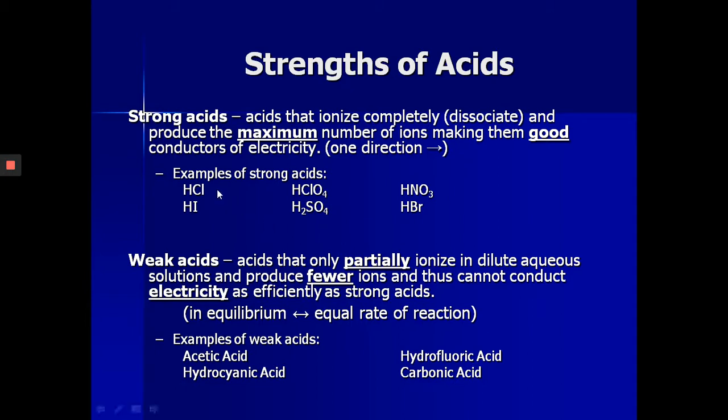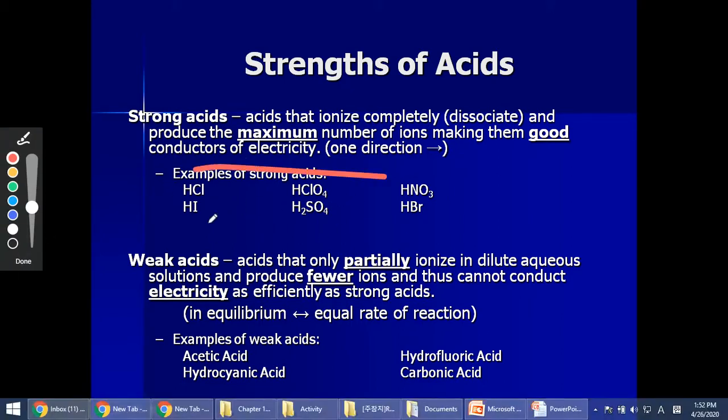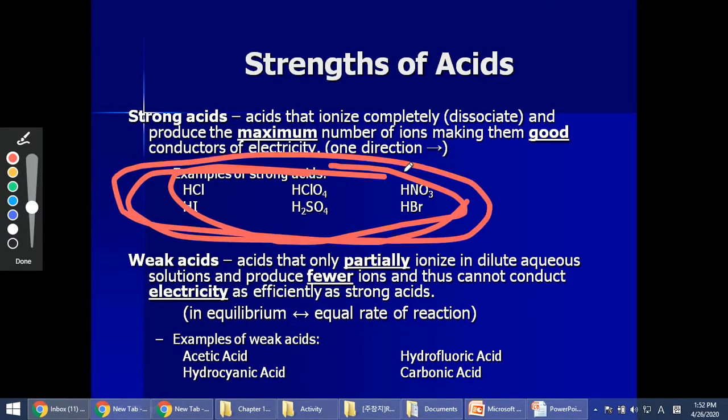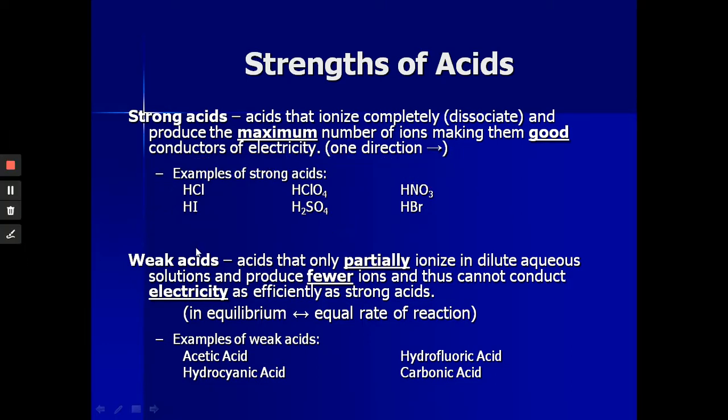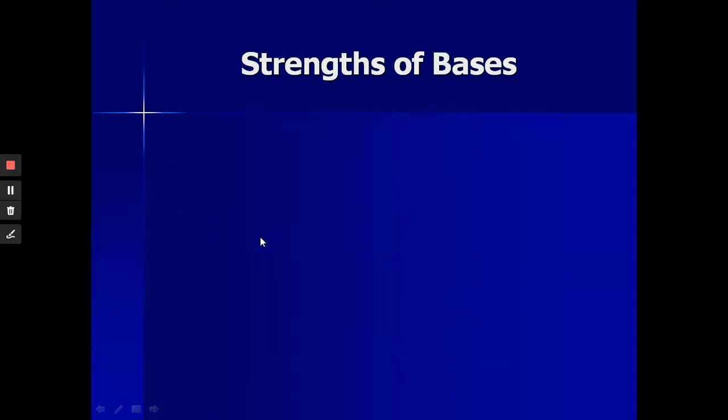Once you memorize these 6 strong acids, you're set, because we're going to assume everything else besides these 6 strong acids is a weak acid. Just memorize these 6 and that's it. Everything else, assume these are weak acids.